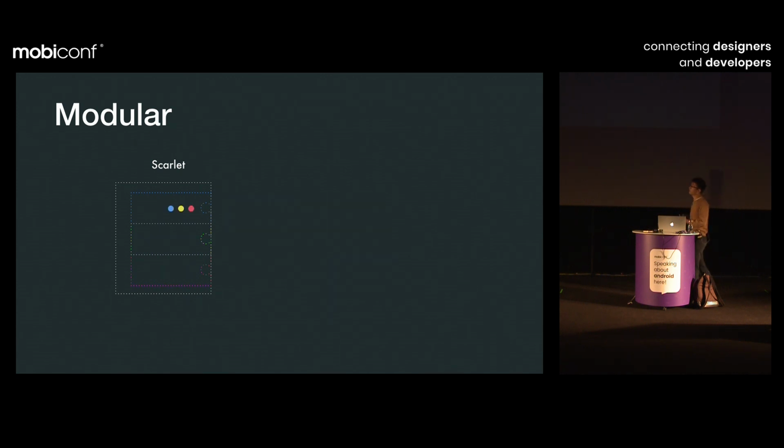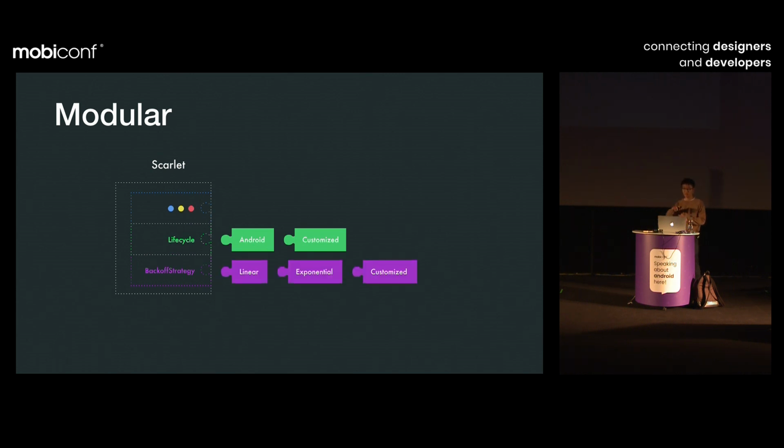In addition to those plugins, we have two more state management plugins that I will quickly go over. Scarlet uses a lifecycle and a back-off strategy to keep the connection open for you. A lifecycle describes when the connection should open and when it should stay open.